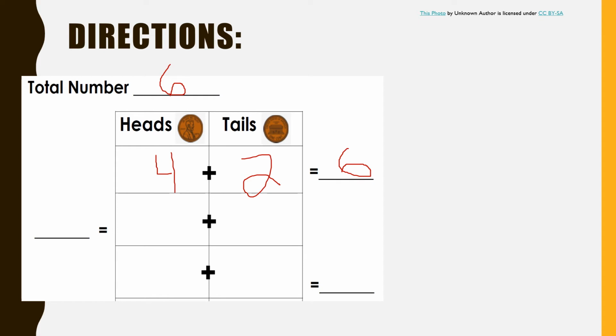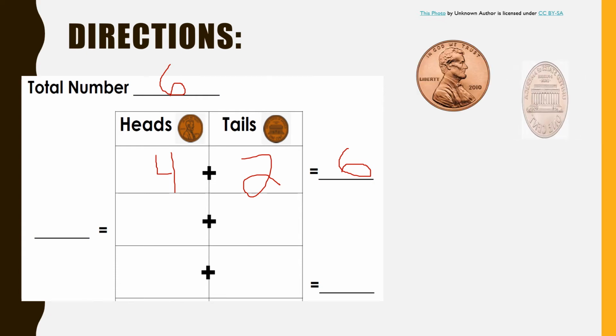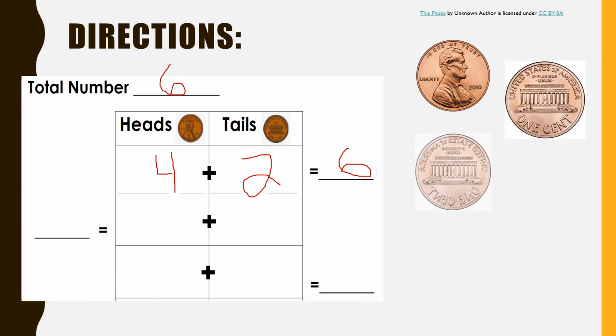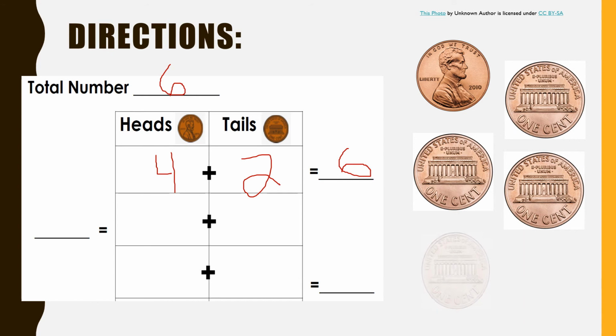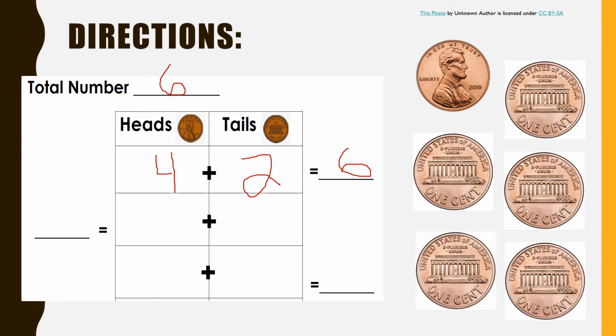So next step is we're going to continue dropping our 6 pennies onto the table and paying attention to how many pennies land with the head side up and how many land with the tail side up. Okay, and let's take a look at our second line here.